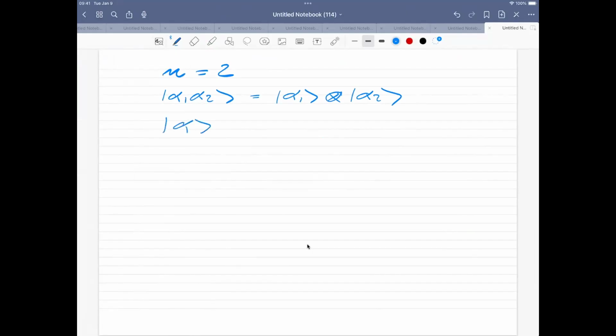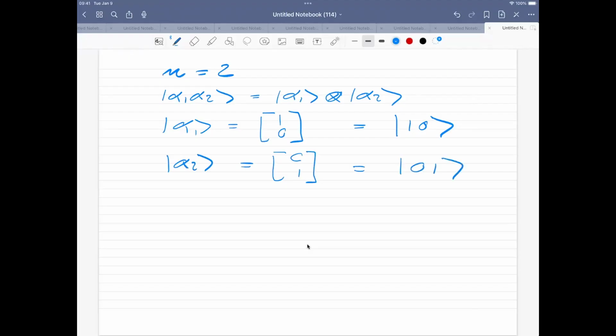In this specific case, alpha 1 could be equal to 1, 0, since we have these states. That means we would have a vector which looks like this, 1, 0. And then alpha 2 could be a state which is 0, 1. We are assuming that these are orthogonal states to each other. We would then encode this one as 0, 1. So this is the 1 particle state, and this is one type of coding which we could use.